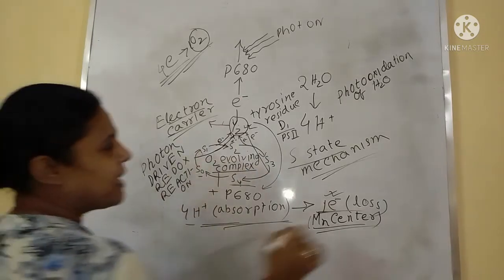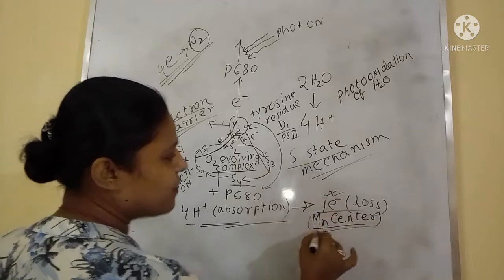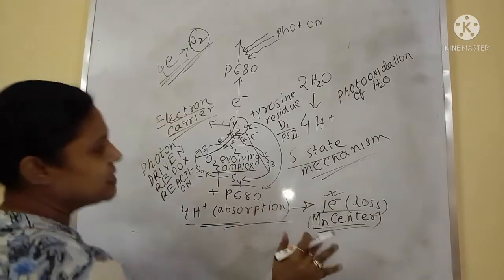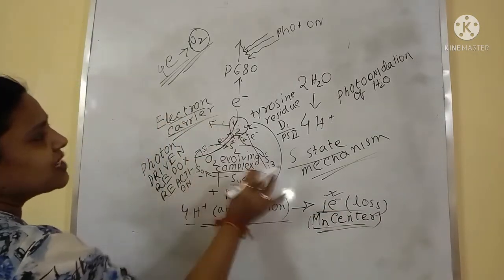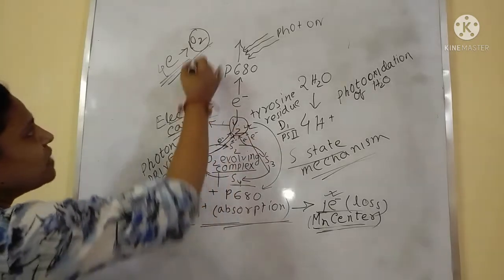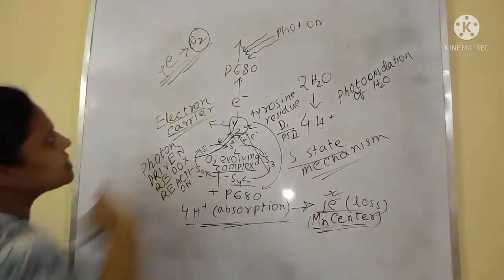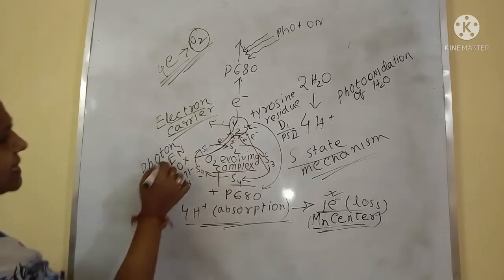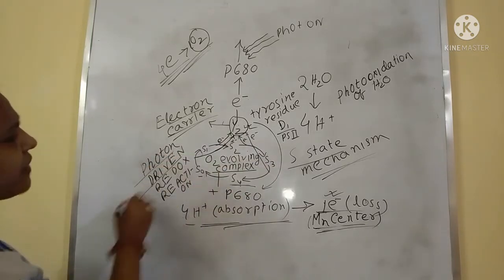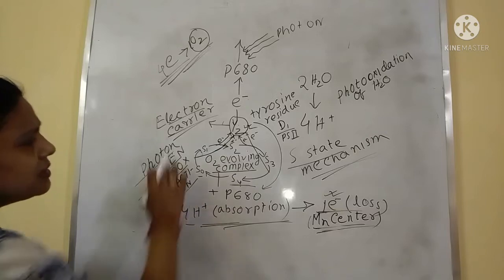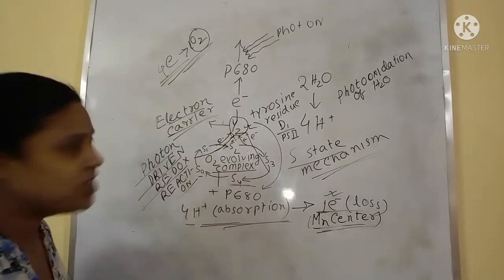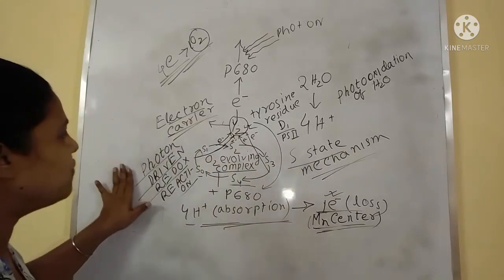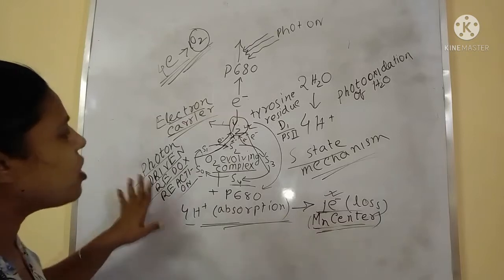So 4 electrons are lost, leading to the formation of 1 oxygen molecule. This reaction is called the photon driven redox reaction.